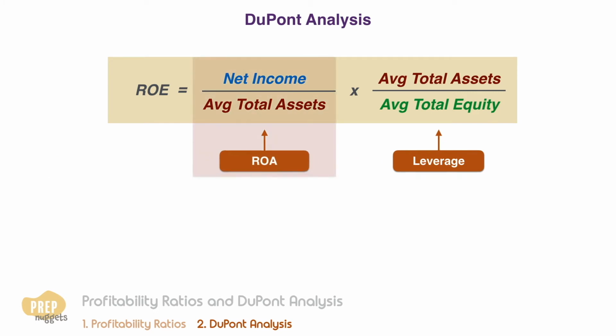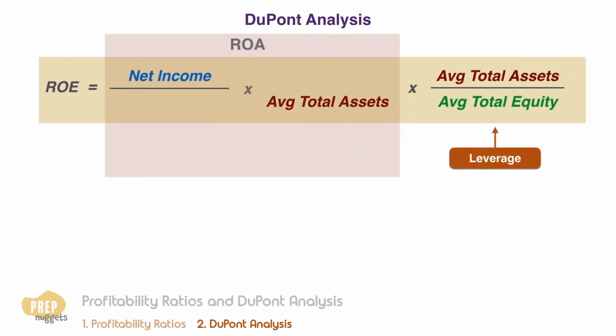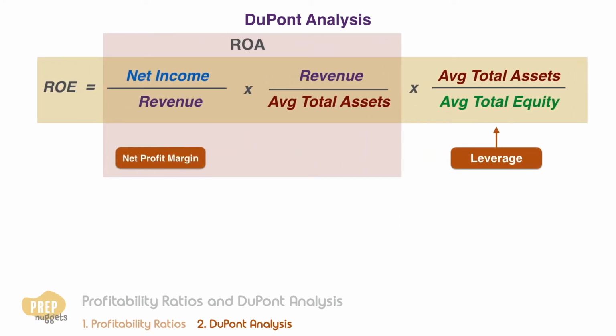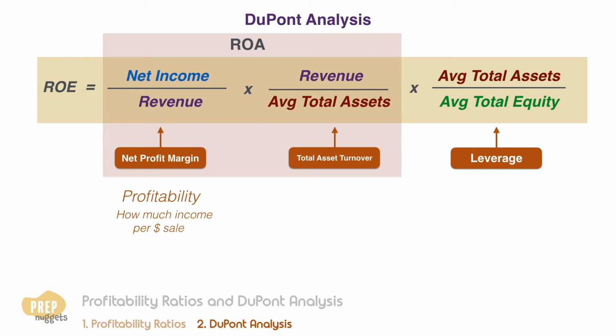The ROA can be further decomposed into the net profit margin and total asset turnover. The net profit margin is an indicator of profitability, how much income a company derives per dollar of sales. The asset turnover ratio is an indicator of efficiency, how much revenue a company generates per dollar of assets.